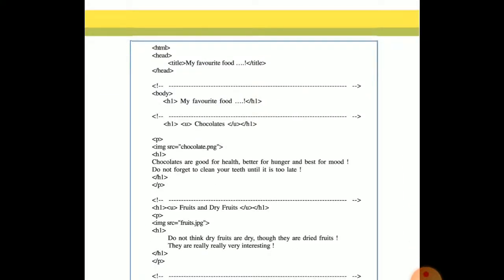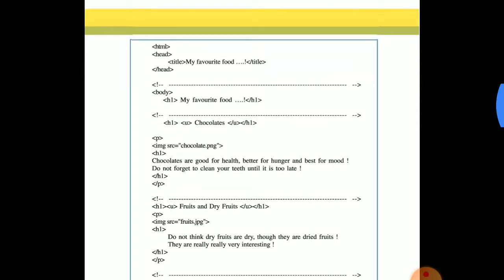Now consider this example. Here there is one web page, HTML head, my favorite food. There are different kinds of tags here, such as the header tag. In the paragraph I want to add an image. How can we add one image?